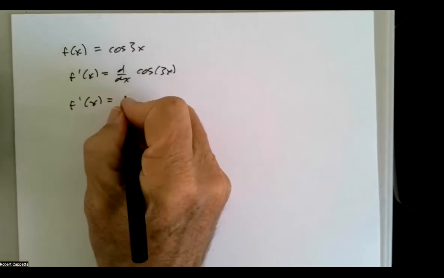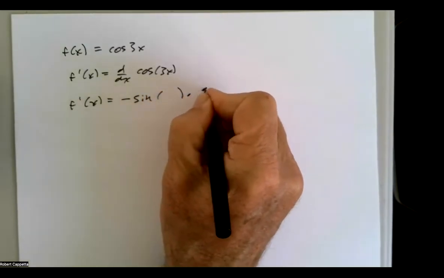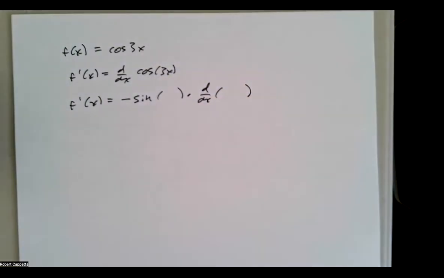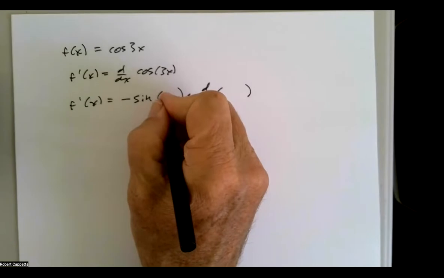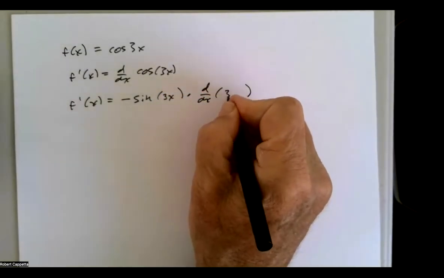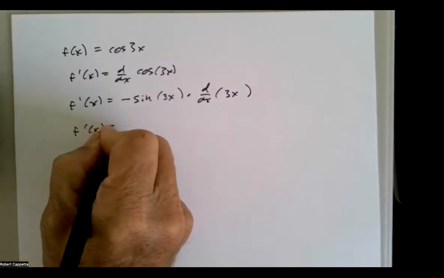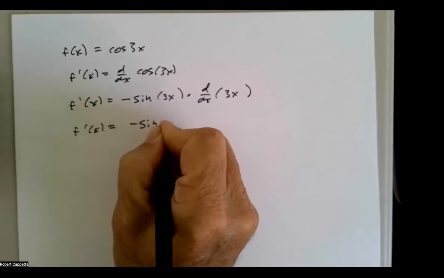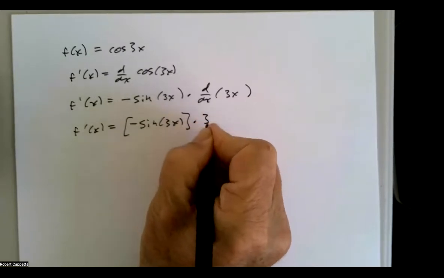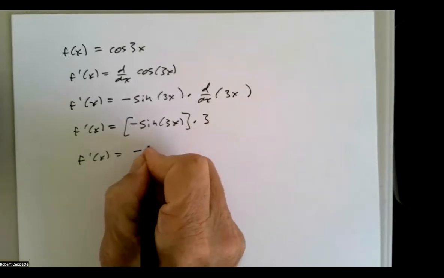The derivative of the cosine of something is minus the sine of the something times the derivative of the something. So our something here, which is essentially our u that we just did in the previous version, is minus sine of 3x times the derivative with respect to x of 3x, and we get f prime of x is minus sine 3x times 3, so that f prime of x is minus 3 sine 3x.